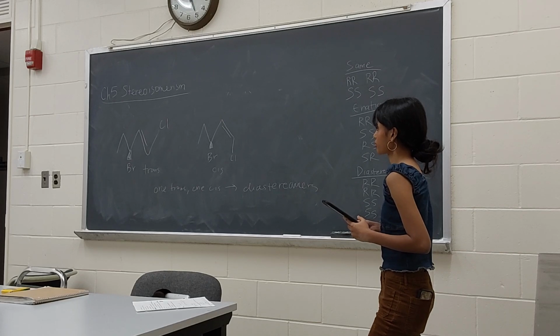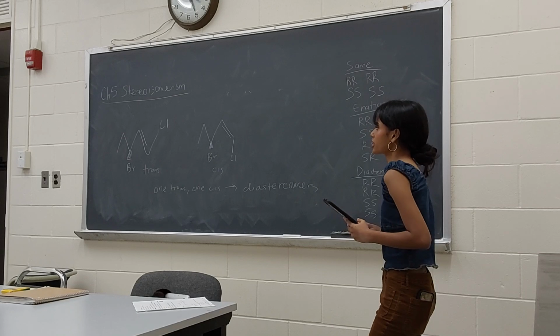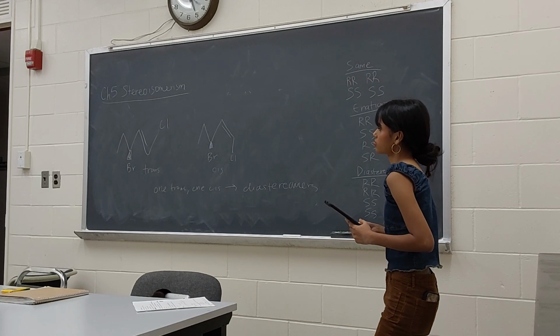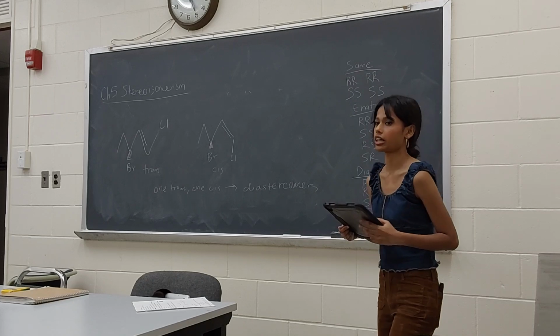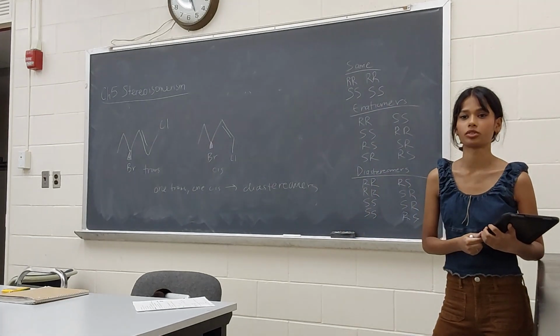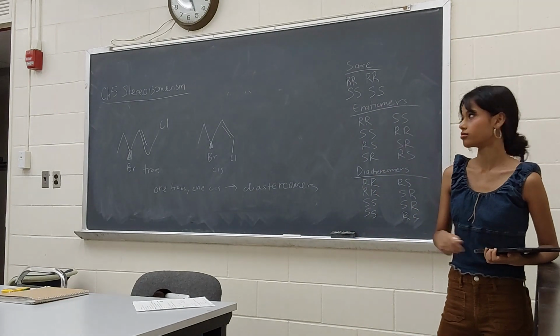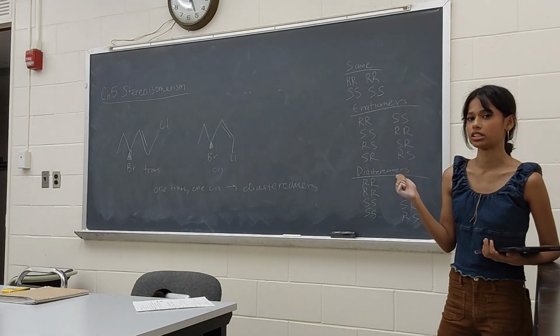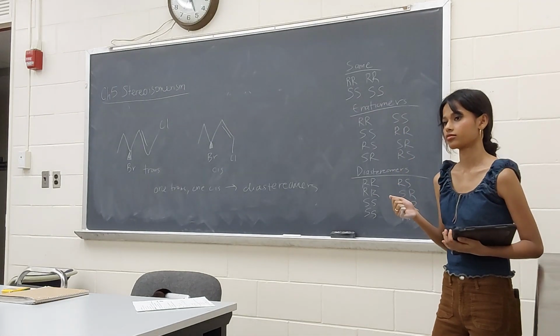Or do we avoid that for now, and we just look at it the way that it's positioned? I don't know how we would know. We look at it not whether it's wedged or dashed, but rather the way that it's put in. Wedge is towards and dash is away.